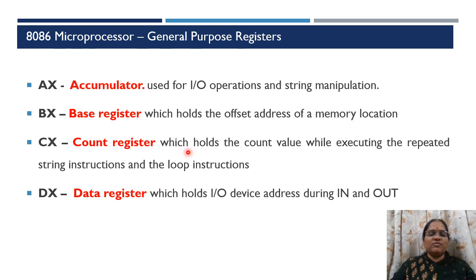And the count register: whenever you are performing loop instructions, where a particular group of instructions is to be repeated, how many times the instructions have to be repeated, that count value has to be loaded in this count register. The data register DX is used for holding a device address, that is which input device or which output device, that input output device address will be stored in the DX register. So each register has a particular defined function to be performed.